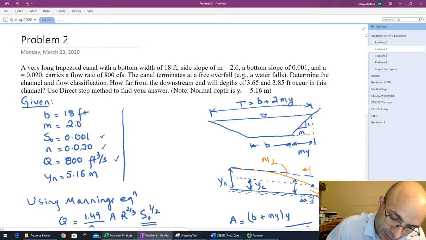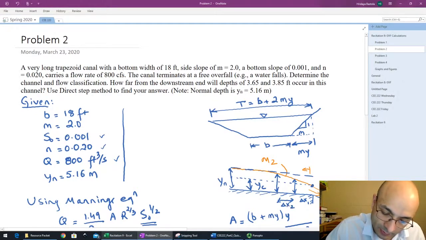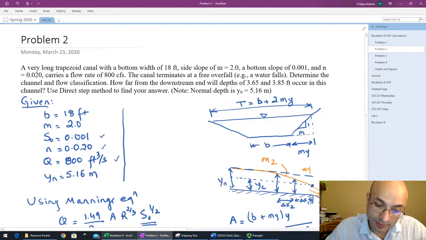So delta x1, and then we'll also want to find the distance to where the water depth is 3.85. So that's going to be another distance of delta x2. So the first depth we need to find out is going to be delta x1, and the location of the next y value, which is 3.85, is going to be at the distance of delta x1 plus delta x2.